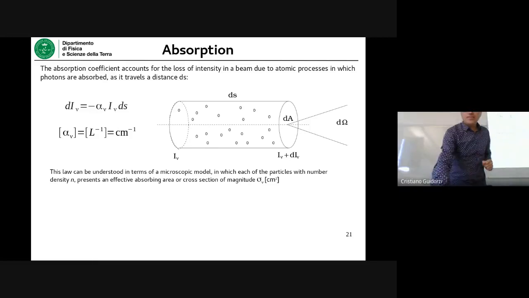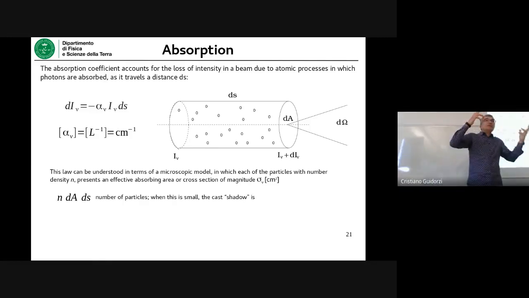In particular, you can think of a geometrical meaning of this cross-section. So you can wonder, how many particles, atoms, do I have in that volume? Well, if we call n the number density, so the number of atoms per unit volume, the total number is just the number density times the volume.